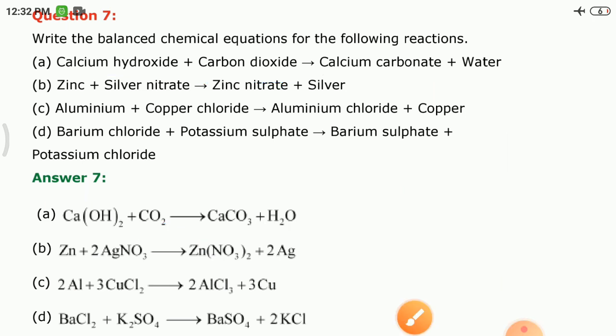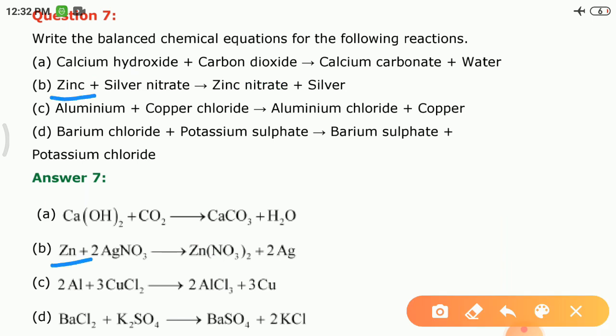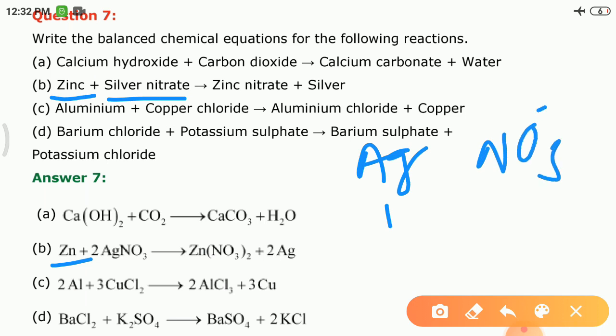Now B, zinc plus silver nitrate gives zinc nitrate plus silver. Zinc is Zn, its formula is Zn. Then silver nitrate, Ag valency 1, nitrate NO3 minus, so valency is 1, so its formula will be AgNO3.